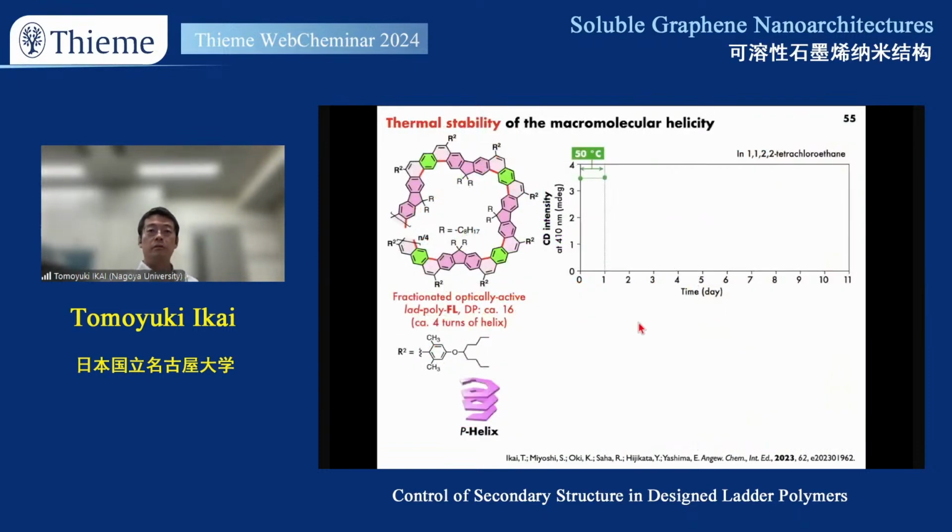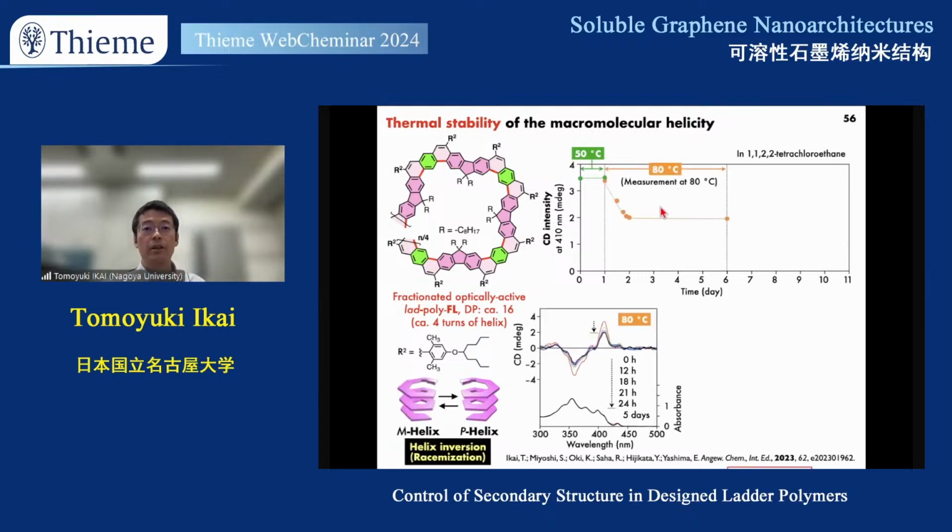Next, we investigated the thermal stability of this macromolecular helicity, and the CD intensity of this component showed almost no change in tetrachloroethane even after heating at 50 degrees for 1 day. So this indicates the high stability of this helicity.